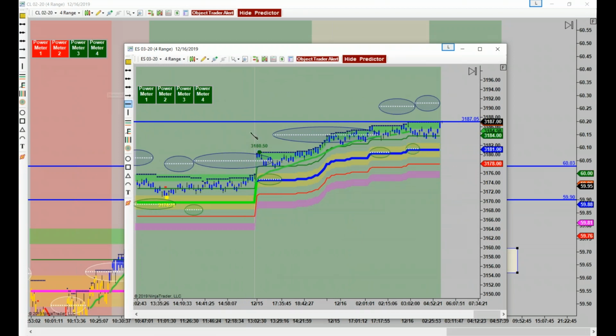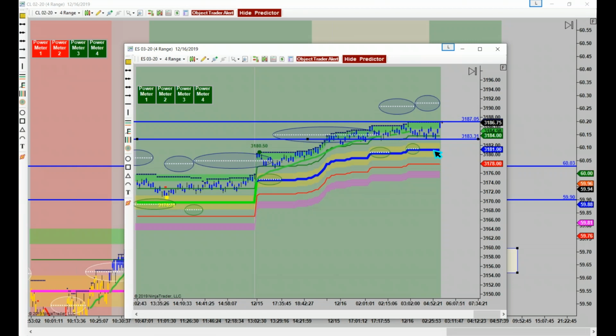Anybody? It's right there on Lightning 1. Okay? And if it breaks that top, it will be right there.